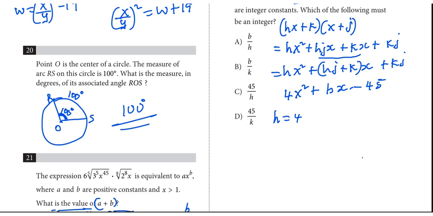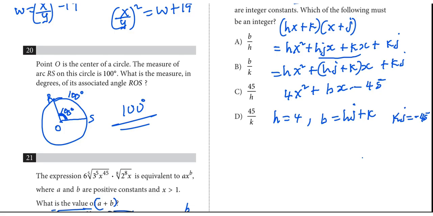Then bx corresponds to the whole of this, so b is equal to hj plus k, and we can simply write kj is equal to negative 45. Negative 45 corresponds to that.